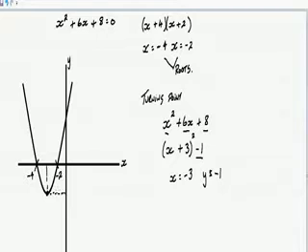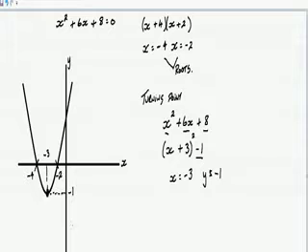So here on this graph, this turning point will be at minus 3 on the x-axis, and on the y-axis it will be at minus 1.